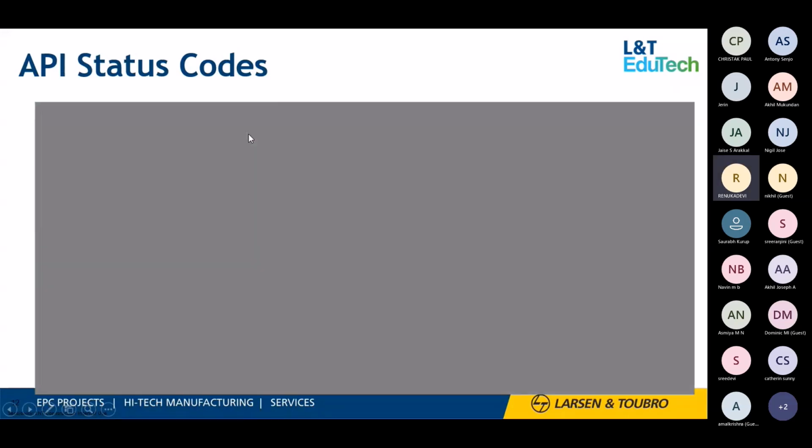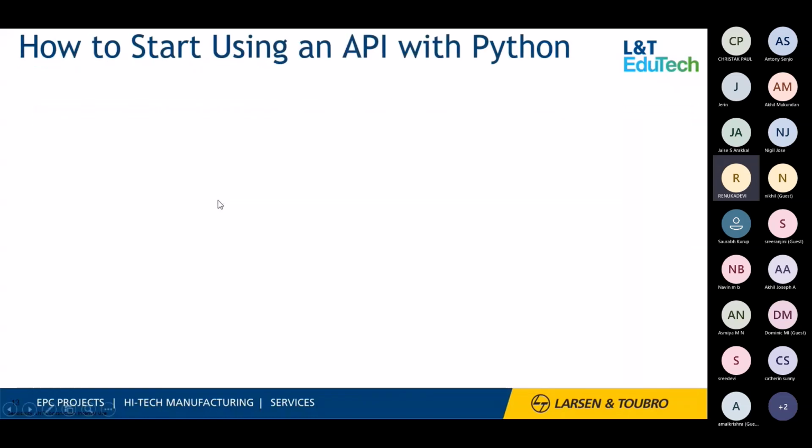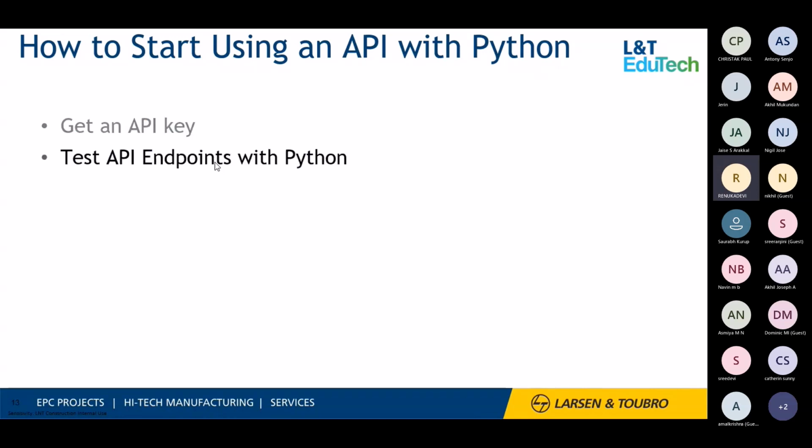Then next, we'll be seeing how to start using an API with Python. First, we require the API key. We need to get an API key. Then we have to test the API endpoints with Python. After that, we can make the first Python app with API.